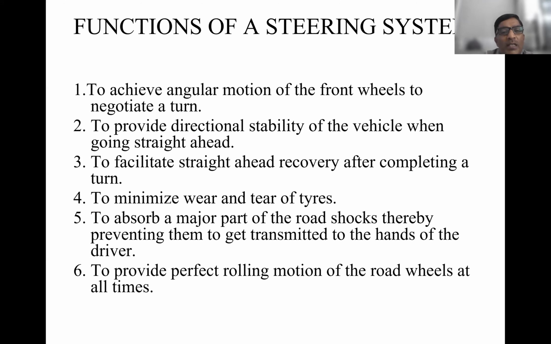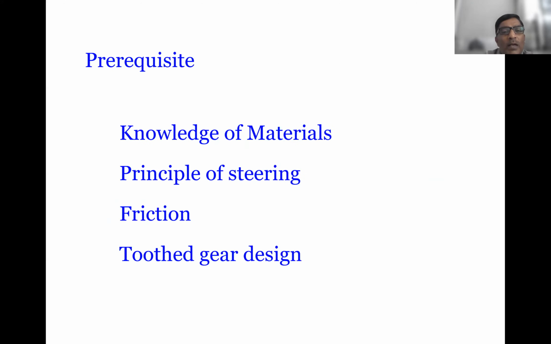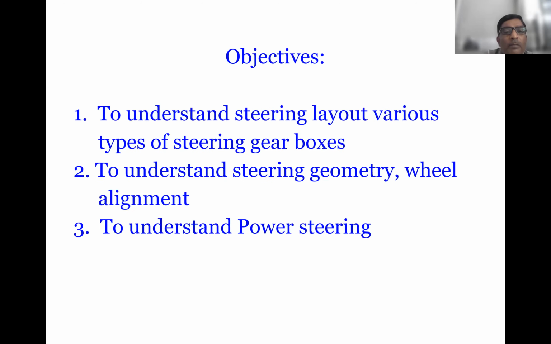So functions of the steering system. Before that, I would like to repeat this. What is required? You should have knowledge of material, principle of steering, Ackerman and Davis, then friction, then toothed gear design. Then the objective is to understand steering layout, steering geometry, and power steering.